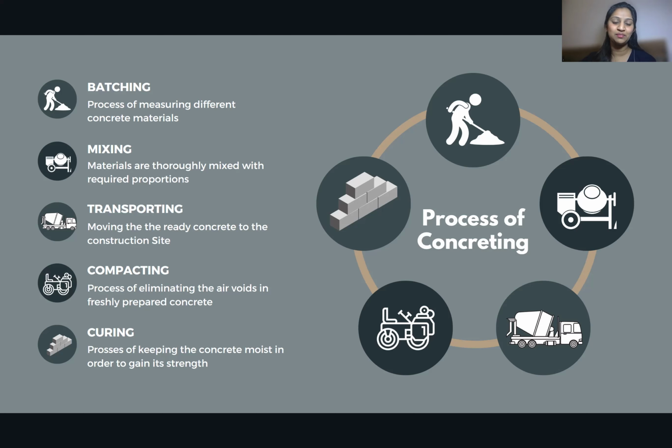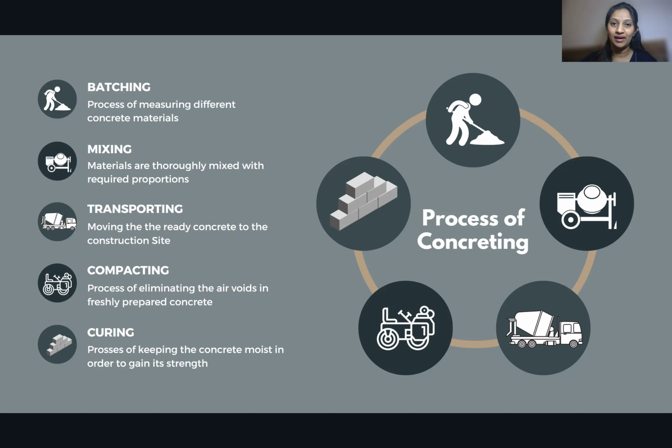The mixing of all of these materials should be made thoroughly, in the right proportions, until the paste shows a uniform color and there is proper consistency, with the workability needed for the placement of the concrete. That's why mixing of all of these aggregates in the right proportion, in a workable format, in proper consistency matters a lot.